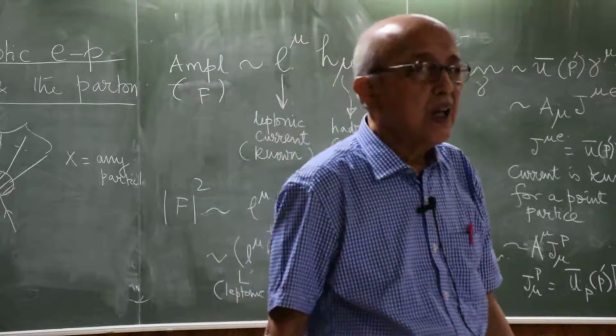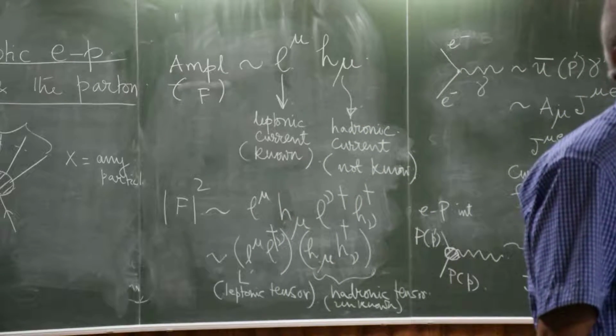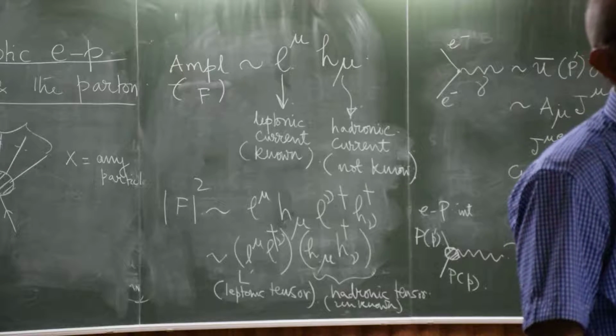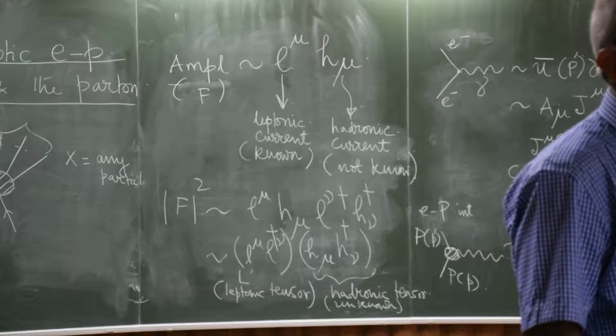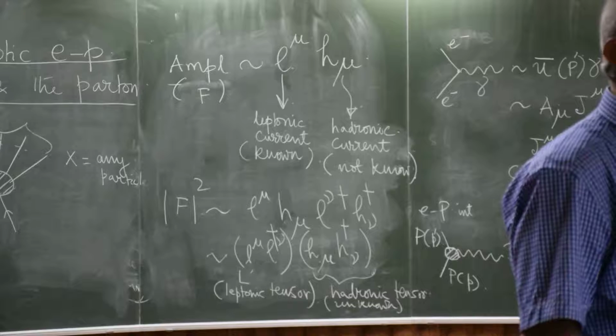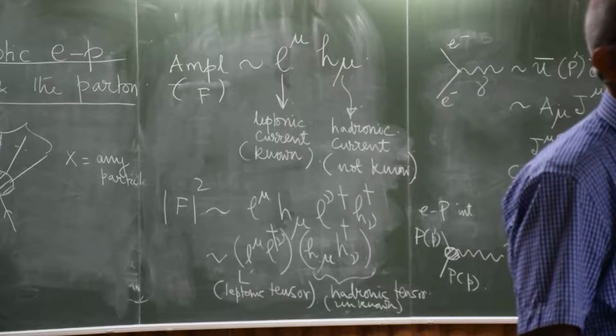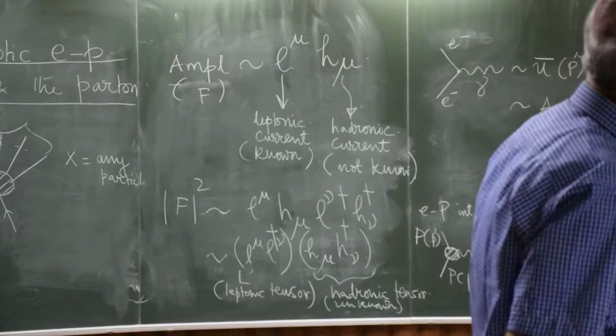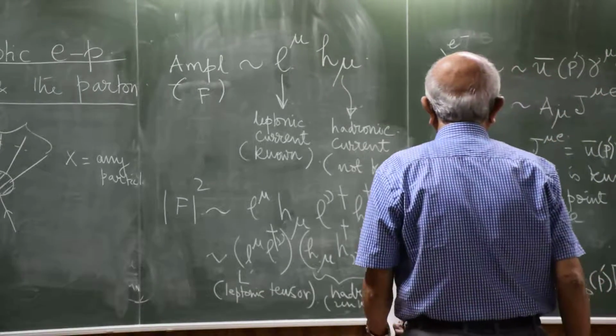So what do I do? Now you know what I do. I introduce unknown functions because I do not know from any fundamental physics what to write for H nu. So I do that.